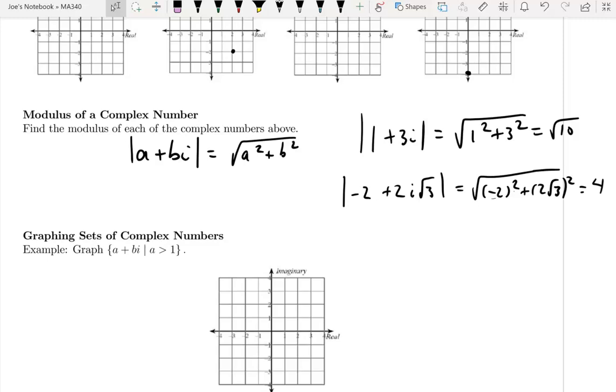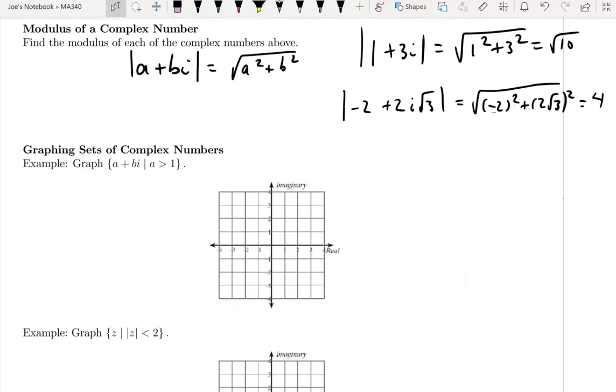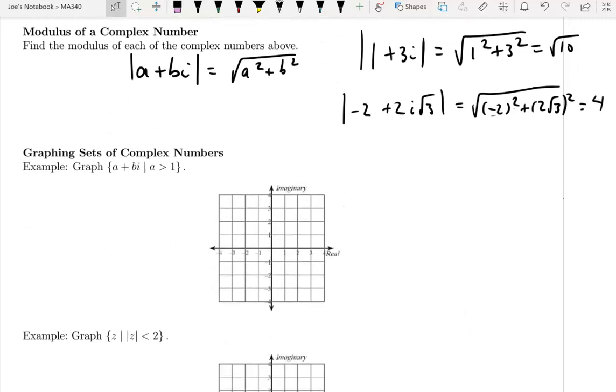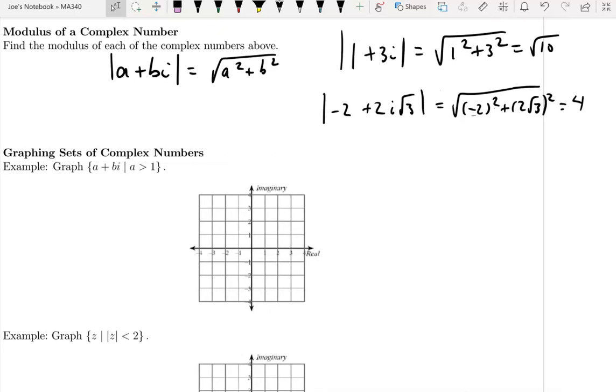These next ones are just playing around with drawing some graphs. If your a value is greater than 1, which points are you talking about on the graph? a, again, represents which coordinate? The x, right? So you're just wanting to shade in the points that have the a value, or the x coordinate, being greater than 1. So I would shade in this side.